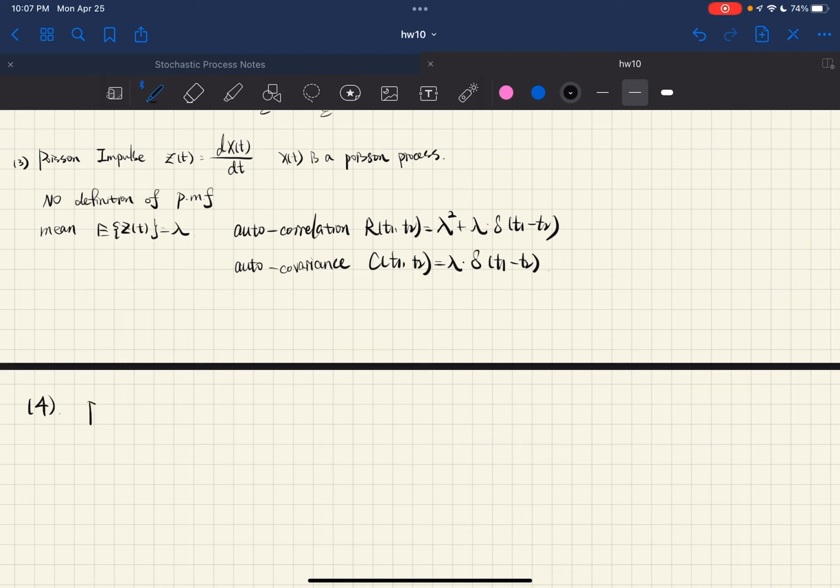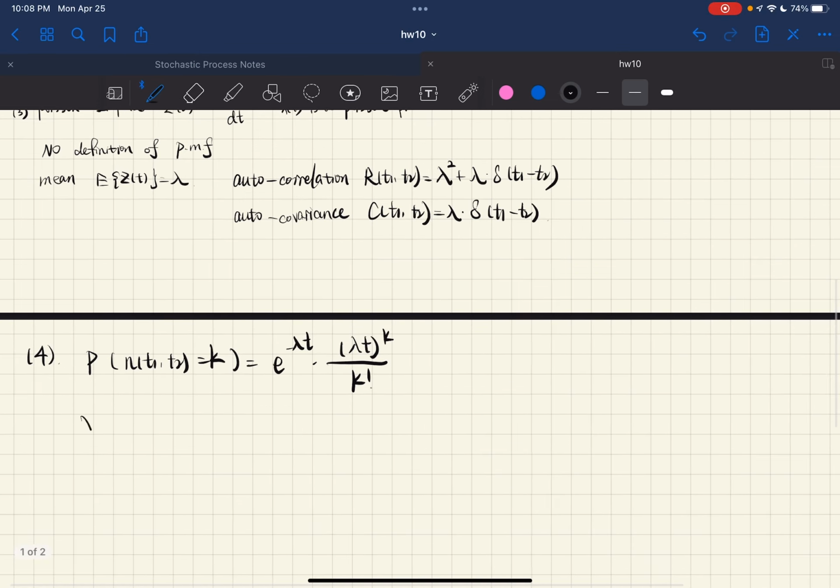It is equal to the probability that in the time interval between T1 and T2 there are k signals coming. It equals e to the power of minus lambda t times lambda t to the power of k divided by k factorial. It is just the Poisson formula.